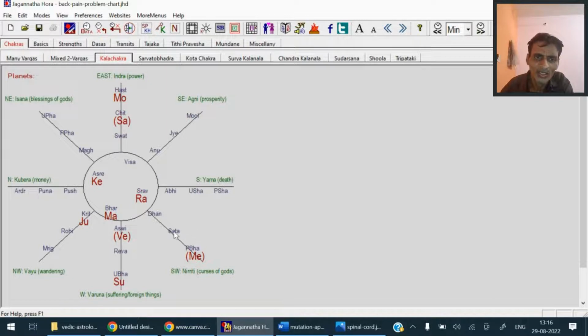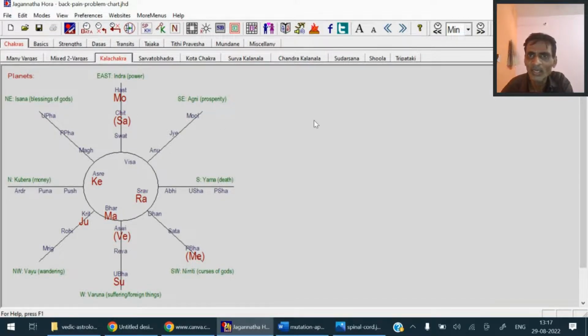And since Lagna is in Satabisha, and Satabisha is also suffering from Yogini and Mrityu, and since Lagna represents the physical self, the physical self will suffer. And so this is the major reason for the back pain problem of this woman.